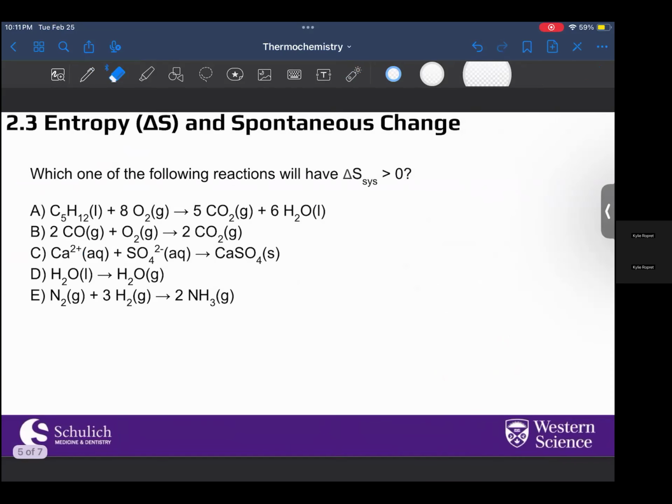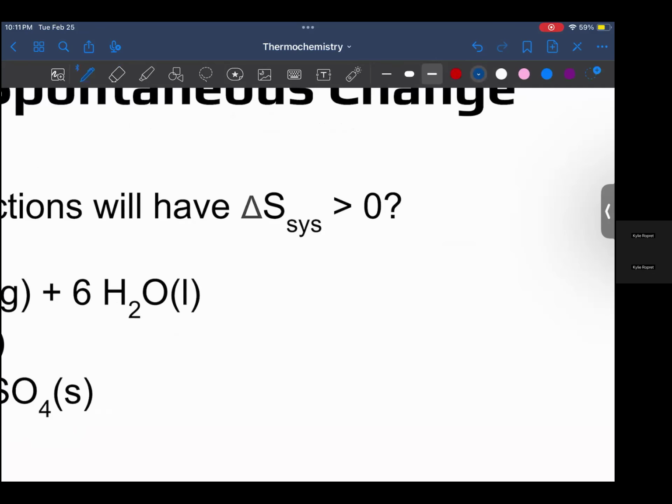Okay, so let's do an entropy practice question here. So this one says, which one of the following reactions will have delta S of the system greater than 0? So remember that if the change in entropy is greater than 0, then that means that the final entropy should be greater than the initial entropy, because when you do the difference between them, it should be a positive number.